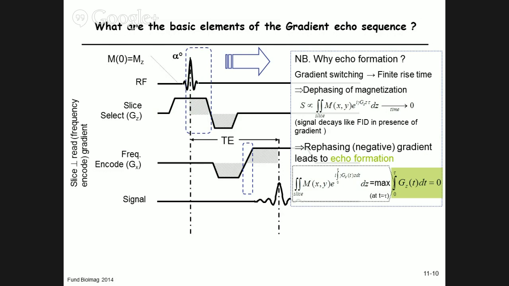Typically, the slice gradient and the frequency encode or read gradient are orthogonal. So one's along x, one's along z, or vice versa, or y, whichever. Then the signal is acquired here. Here's the echo. Here's again the rise time here. You see that the rise time is finite. So one needs this time here. One does the data sampling of the signal here.